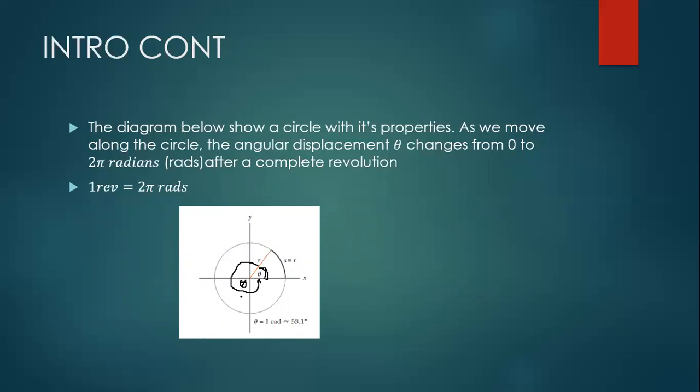So all in all, what we mean by rotational motion is an object moving in a circular path. Maybe a wheel is rotating, or a car is going about a roundabout.